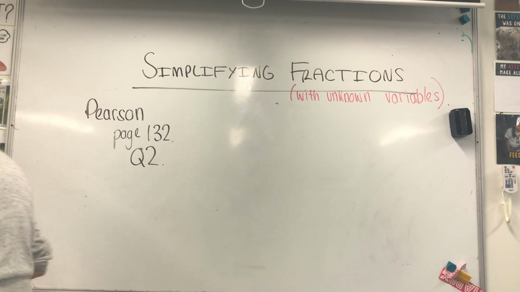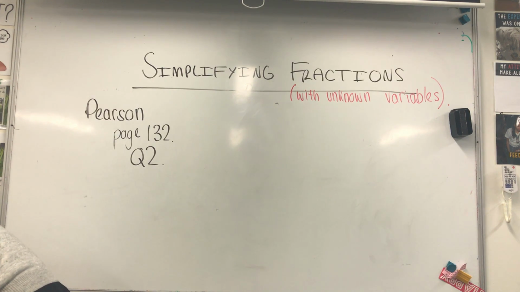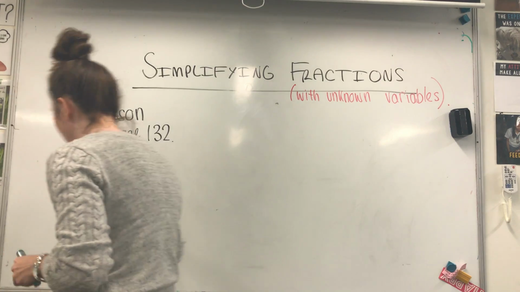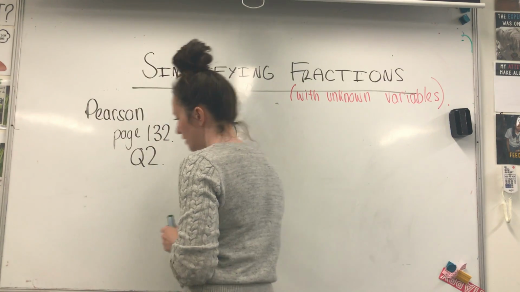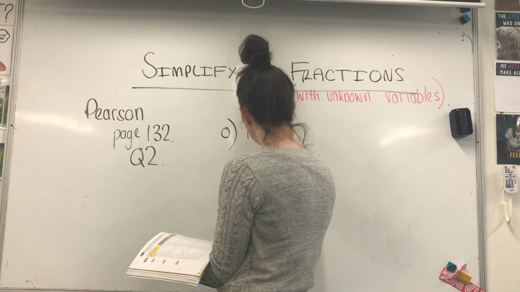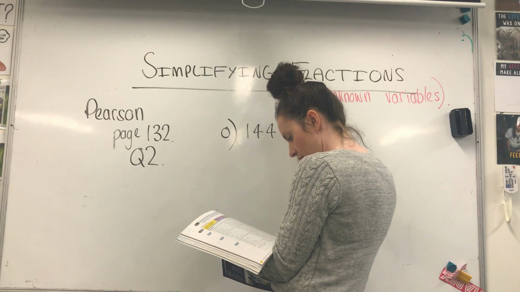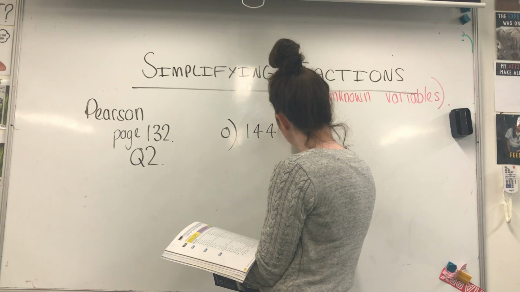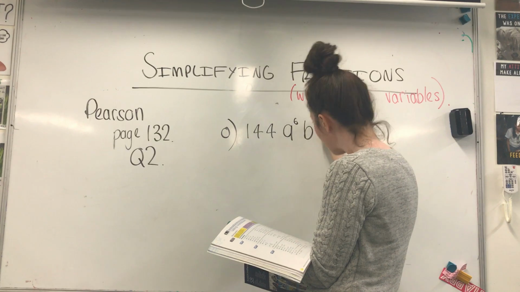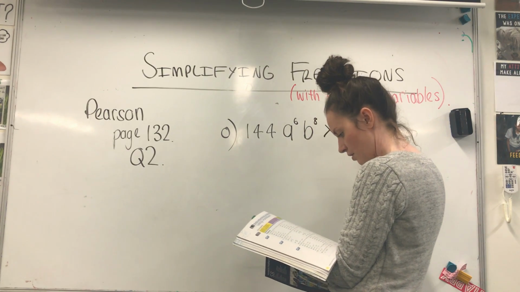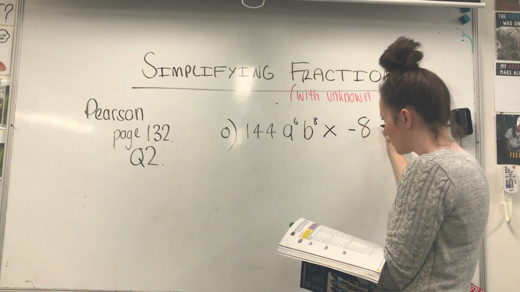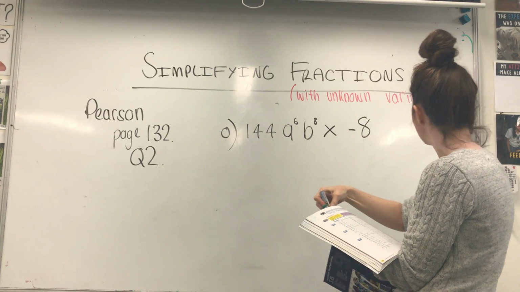Okay, actually let's do O. Yeah, O. All right, so O is 144, a to the power of 6, b to the power of 8, times, okay, negative 8. Hang on, where did I get that from? Oh, my bad.